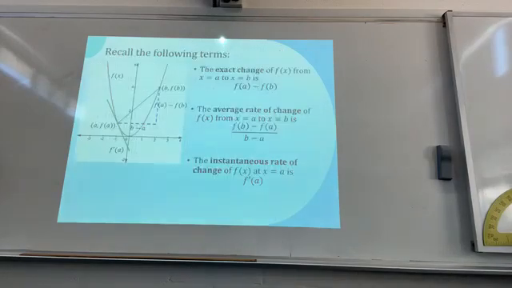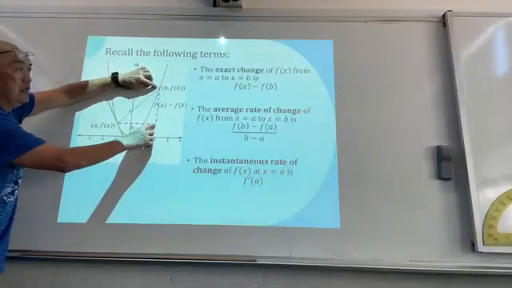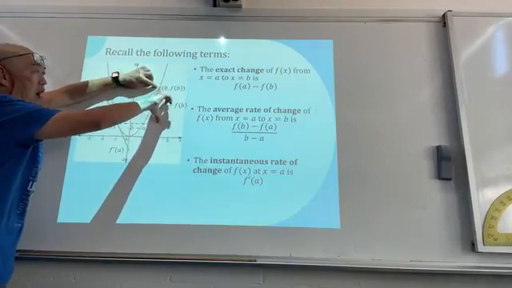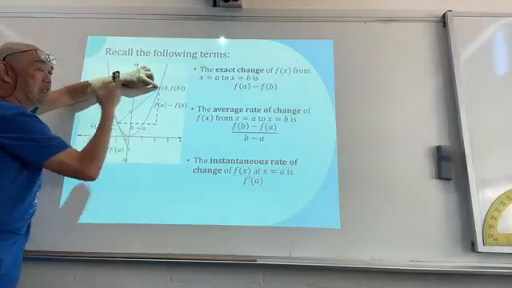All right, let's start. Now, you need to recall the terms like exact change, the average rate of change, and the instantaneous rate of change. The exact change from x equals a to x equals b is basically the difference in y value, the delta y, f(b) minus f(a). That's the exact change.